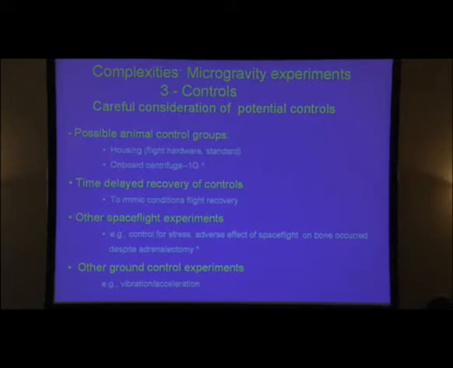In flight experiments, there are typically two kinds of cage controls: typical standard cages that we use in our ground-based studies, and the flight hardware cages, because animals, and in particular mice, are exquisitely sensitive to changes in things like position of food bars and wire versus flat cages. So it's important to have those appropriate controls in the course of the experiment.